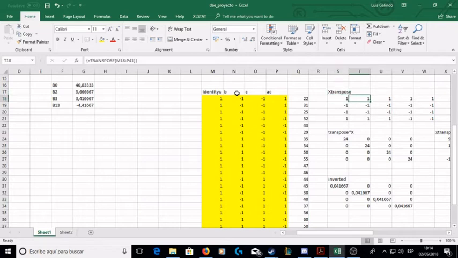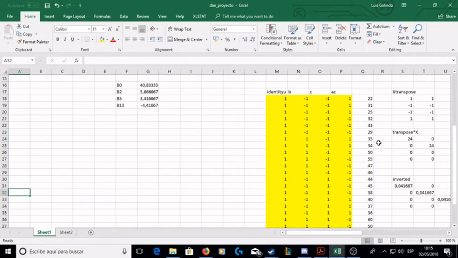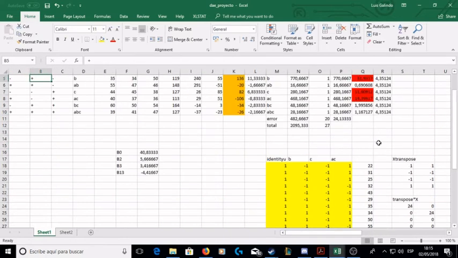The formula would be: first X transpose times X, then we invert it, then X transpose times Y, and then we multiply these last two, and that gives us our parameters, which are these ones.